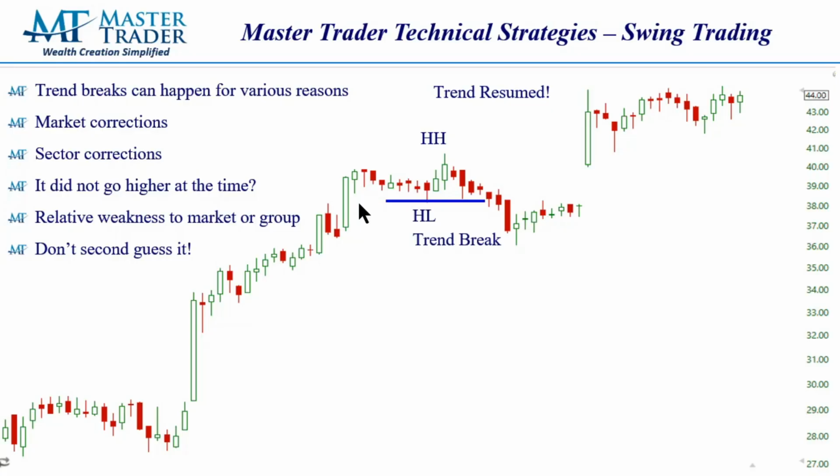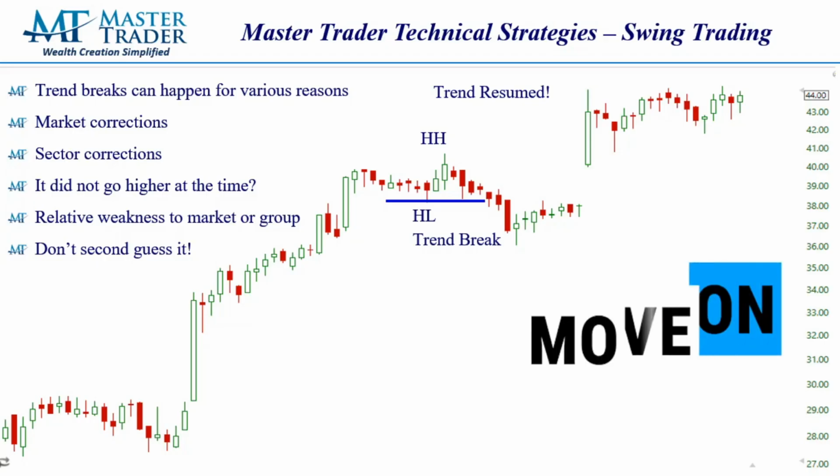Relative weakness to the broader markets could be a reason for it breaking the trend. In other words, we don't second guess this. It is what it is. Once it's in an uptrend and we've got a higher low and a higher high, we mark it off as major resistance, and there's been a trend break. It's black and white.